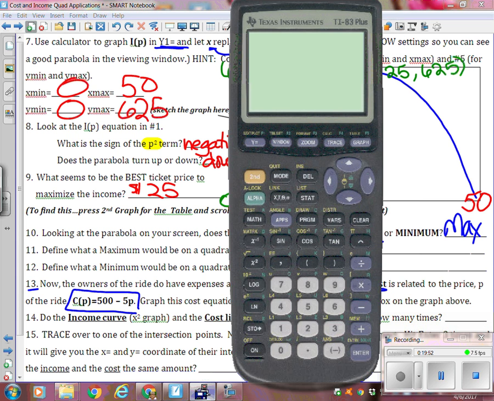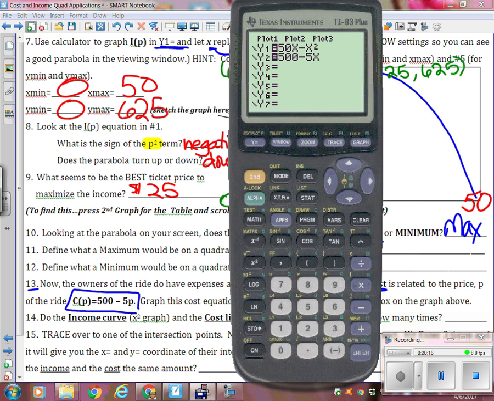Okay, we're going to put this into Y2, so we're not going to take out. We're going to go to y equals. Go down to y2. Everybody's doing this. Okay. What's the equation say? 500 goes in first. 500. Subtract 5p, which would be 5x.